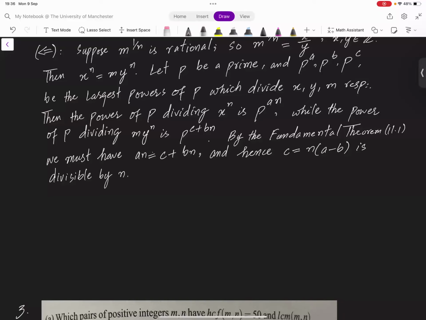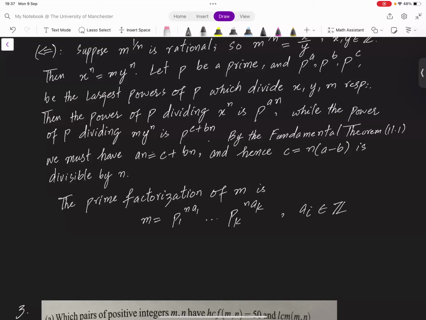In other words, the prime factorization of m is m equals p1 power a1 dot pk power ak for the ai's being integers.